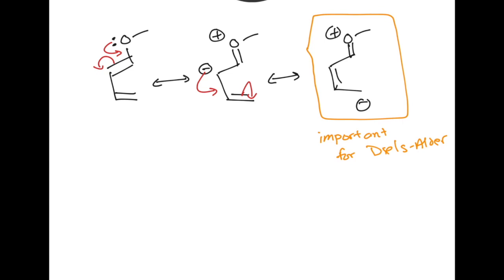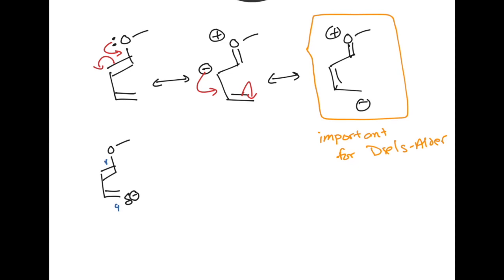So because of that, what we end up saying is that if I have an electron donating group on carbon 1, carbon 4 is going to be partially negatively charged.